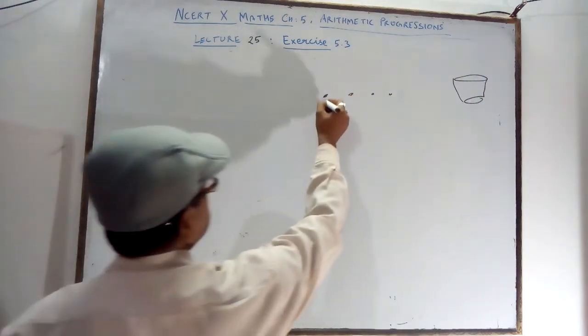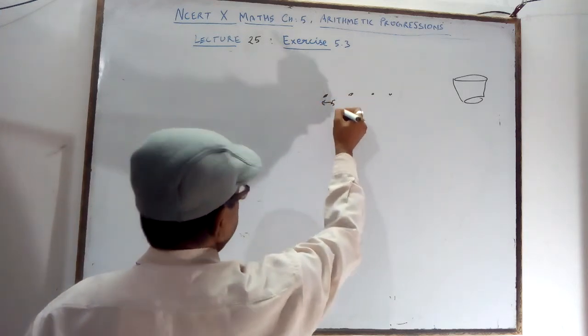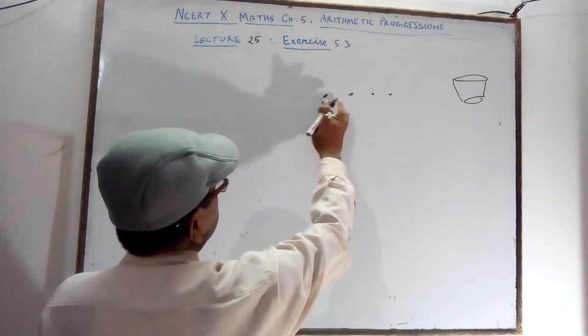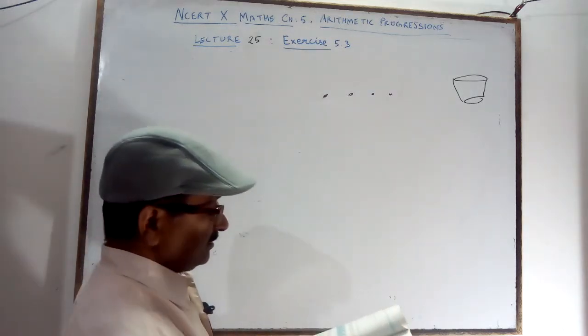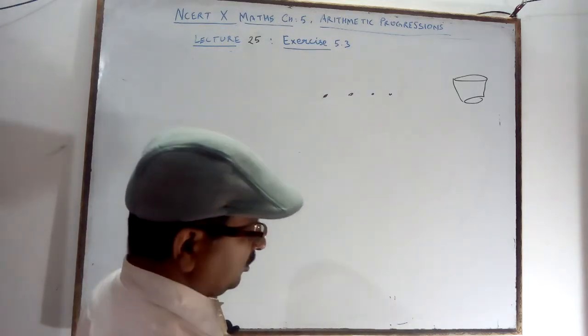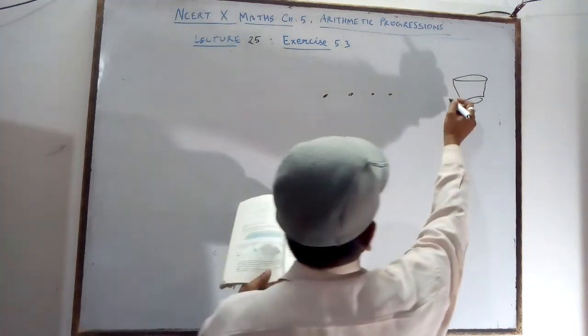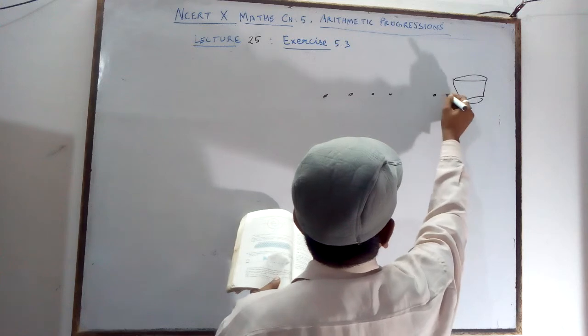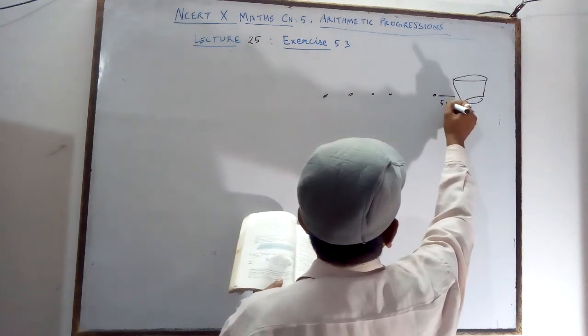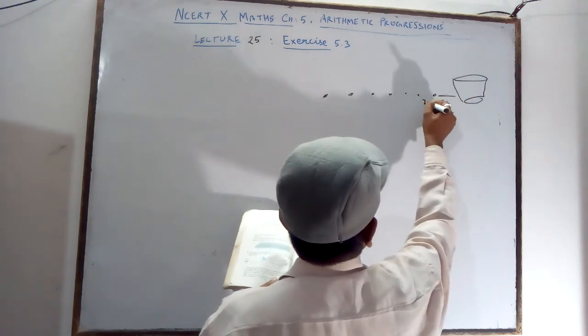It is given that the first potato is 5 meters from the bucket, and the rest are 3 meters apart.